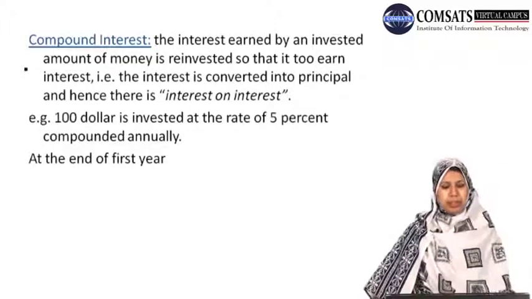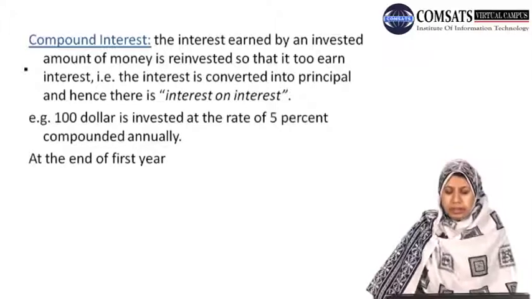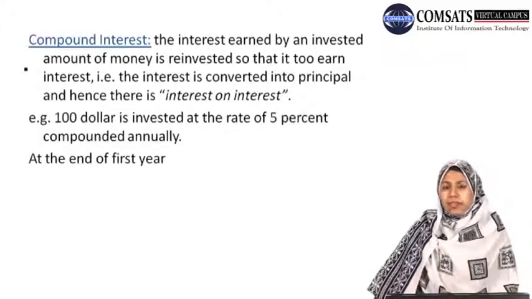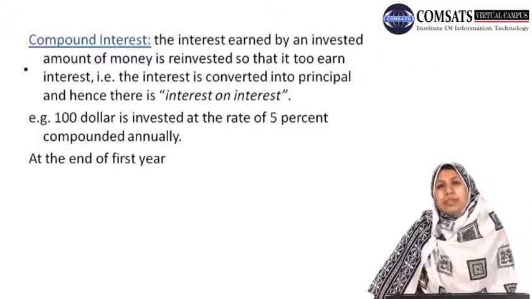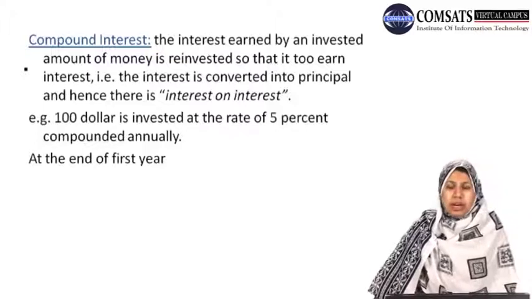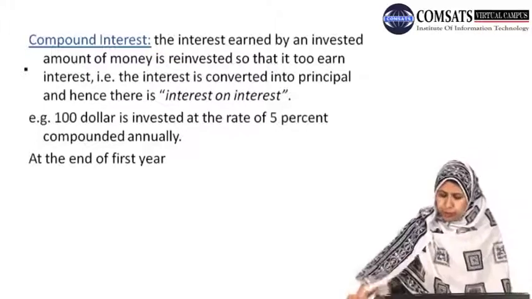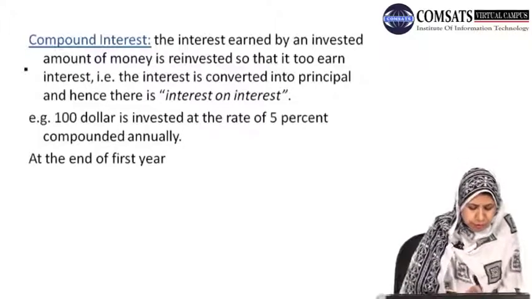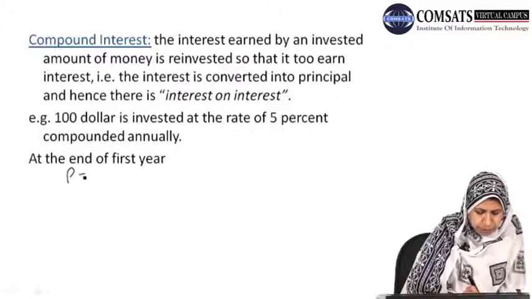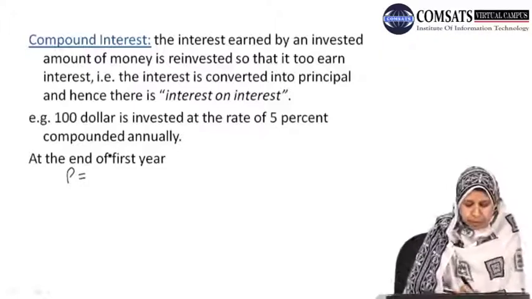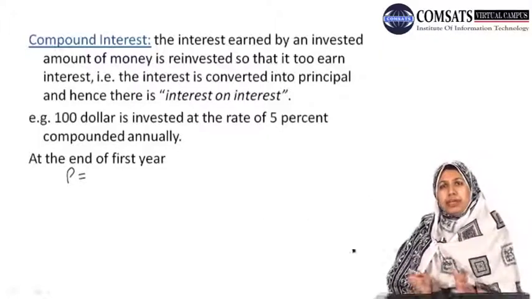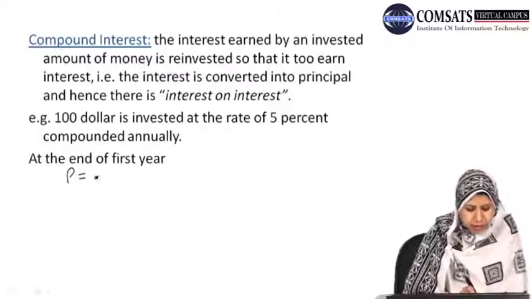For example, if we have $100 invested at the rate of 5% compounded annually, that is, we have $100 and after 1 year we will obtain the 5% interest on our $100. So at the end of the first year, P is the principal amount, that is the amount which we have initially put in the bank to obtain the interest.